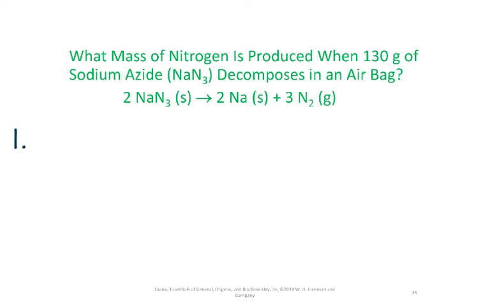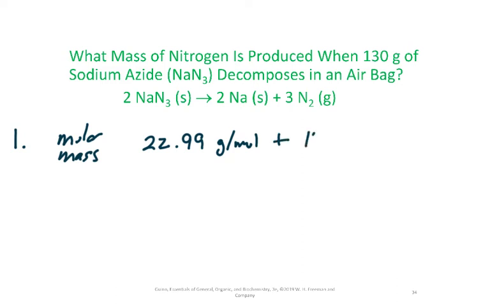And let's see. So we look on a periodic table, and we want to find the molar mass. We look up sodium, and it says that sodium is 22.99, and that would be grams per mole, right? That number on the periodic table.